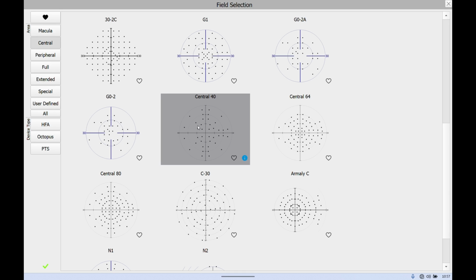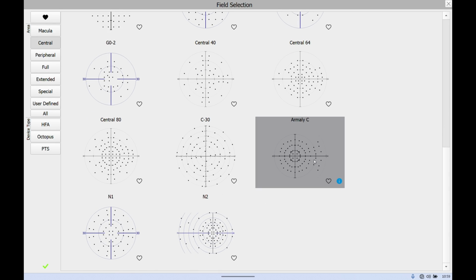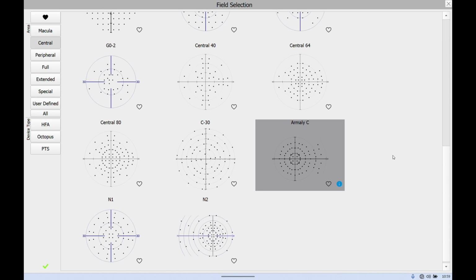Then we have central 40, central 64, central 80. These are Humphrey tests. Then again, we have the Armaly-C. This is also extended to the nasal, so it's like the G-50. And last, we have the N1, so neurological, and N2, which is neurological, plus it's also extended temporally.